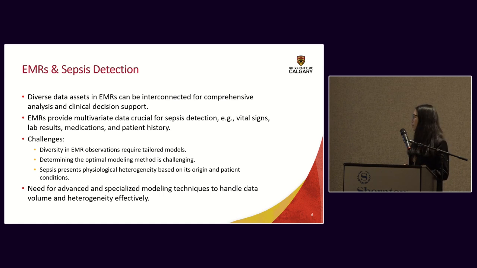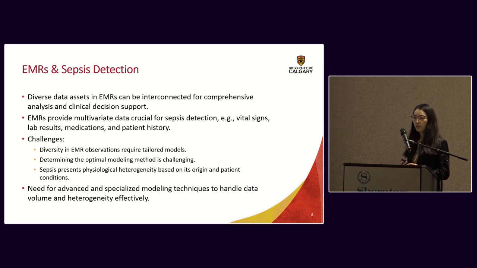However, determining such an optimal modeling strategy is challenging. It's not clear. And furthermore, conditions like sepsis may present high heterogeneity. Based on its origin and patient underlying condition, sepsis can present in different ways. So there is a need for an advanced and specialized modeling approach to handle this large volume of data and the disease heterogeneity efficiently.